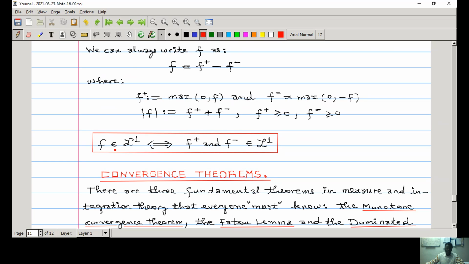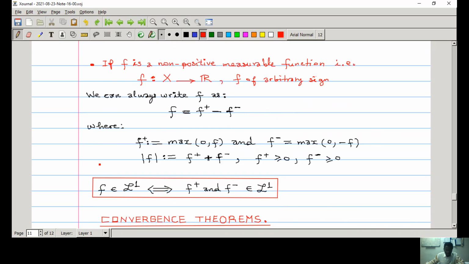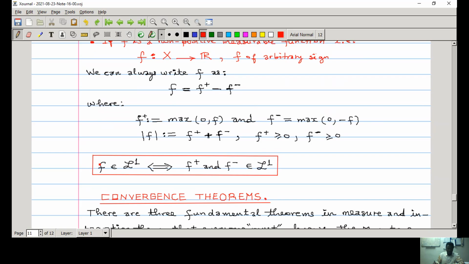Now, f will be Lebesgue integrable if and only if the positive and the negative parts are Lebesgue integrable. And its integral, which I did not mention here, will just be the difference of the integral of the positive part with the integral of the negative part, d mu with respect to mu.